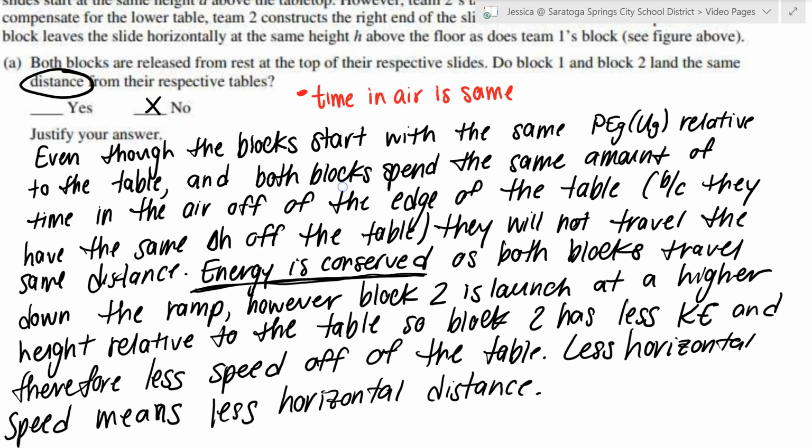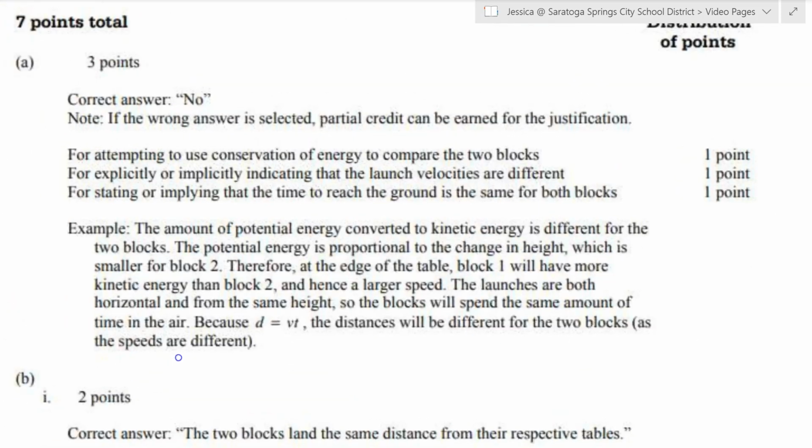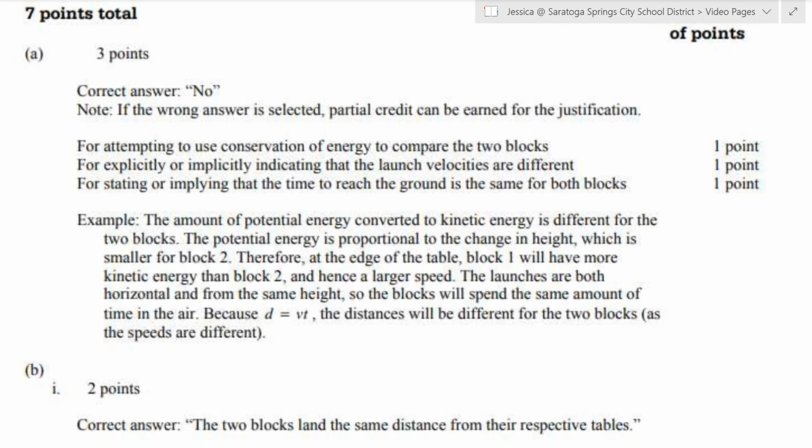Now I'm going to go over the scoring guide for question 1 real quick to see how I did. So I get no points for selecting no. A lot of the times with these questions, it's your explanation that is important, not the correct answer. For attempting to use conservation of energy to compare the two blocks, I definitely did that, because I actually said energy is conserved as the blocks travel down the hills.